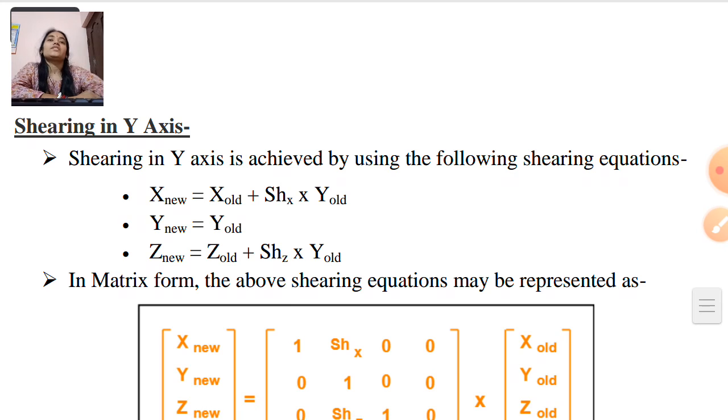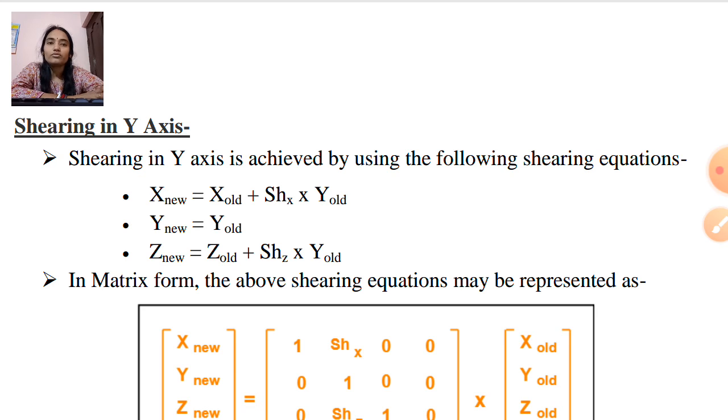Now next we discuss shearing in y-axis. Shearing in y-axis is achieved by using the following shearing equation. When we shear the object in y-axis, the y value will be constant. So y new equals y old as usual.